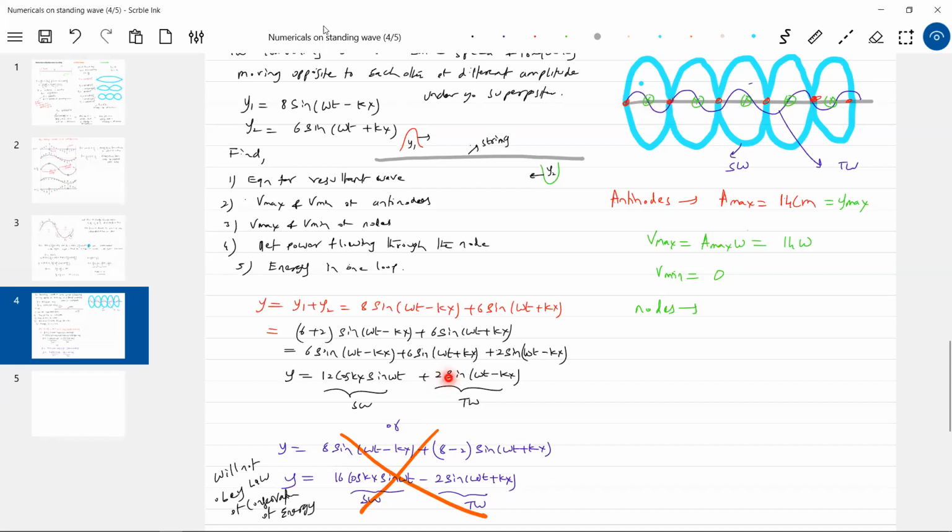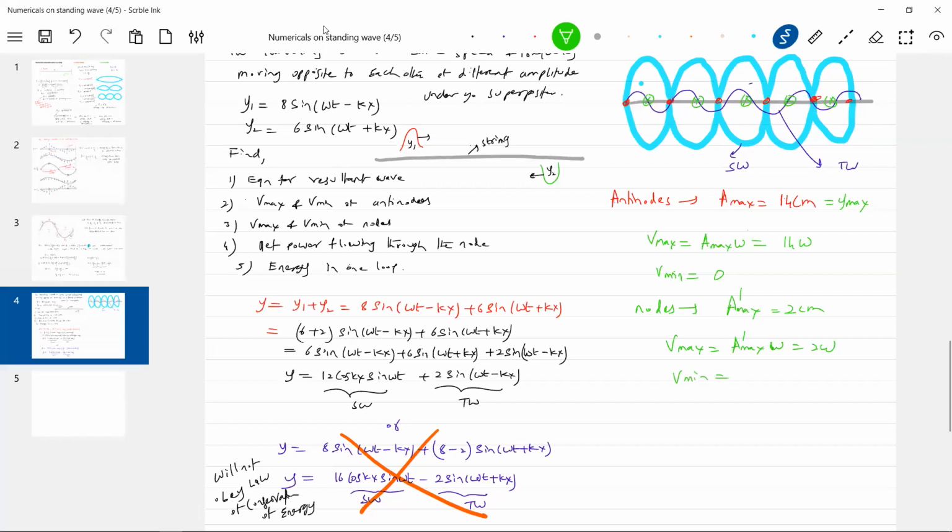What is the amplitude of traveling wave? 2 centimeter. So therefore, the nodes which we are supposed to be at rest, they will also start vibrating. So then what is the maximum displacement? It will be 2 centimeter. Then V max, A max dash, you write it. This will be A max dash into omega.